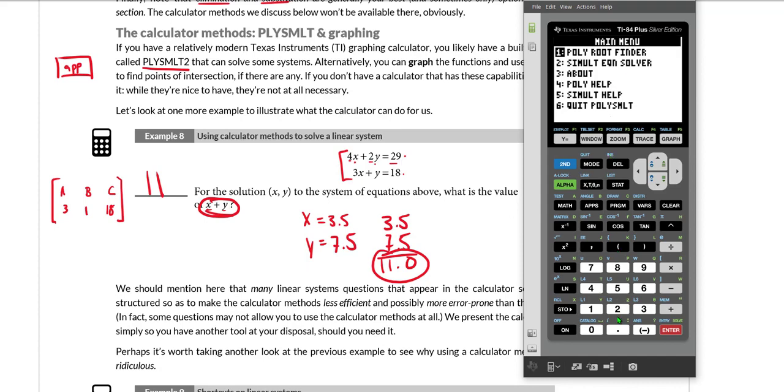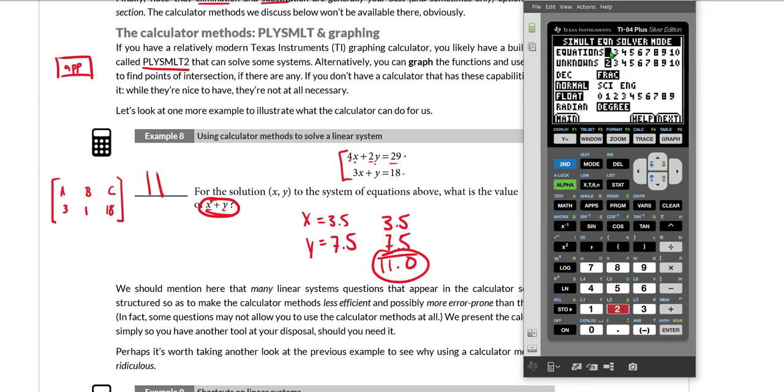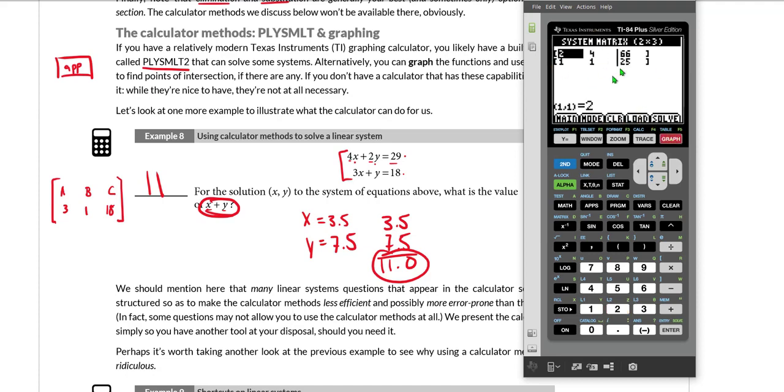Simultaneous equation solver, number 2. 2 equations, 2 unknowns. Remember I said you don't really need to fiddle around with these all that much, but in this calculator I've got fraction, normal, float, degree. Fine. I'm going to hit next. There's my matrix. So I would do 4. That is the coefficient in front of the x. I would do 2. I would do 29.